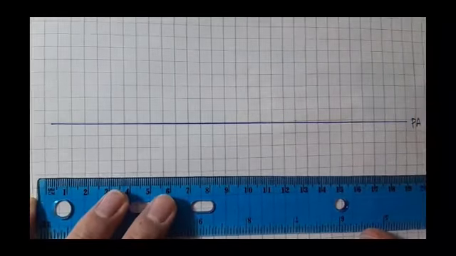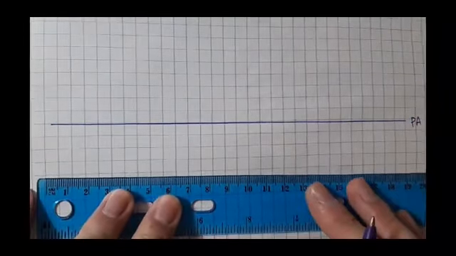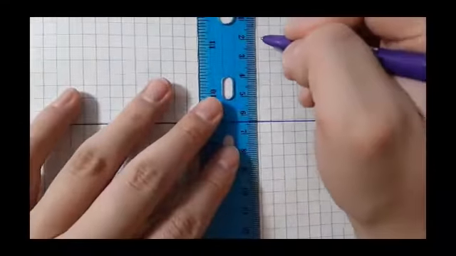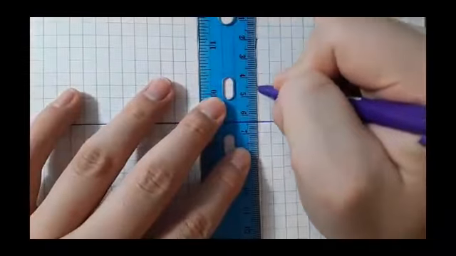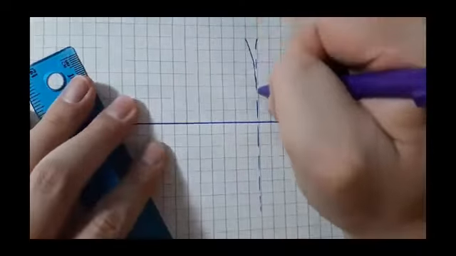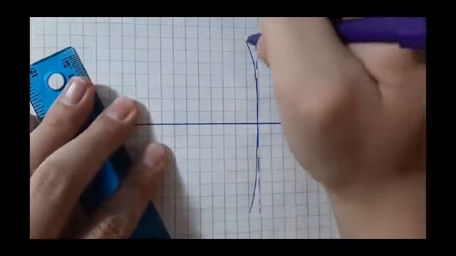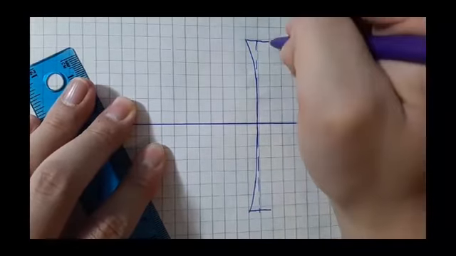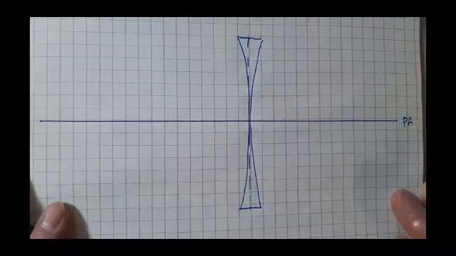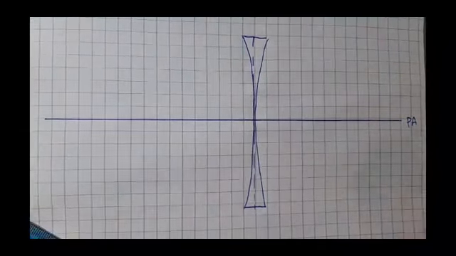There you go. And somewhere in the middle-ish, let's put a concave lens, kind of an unrealistically thin lens, but you get the idea.